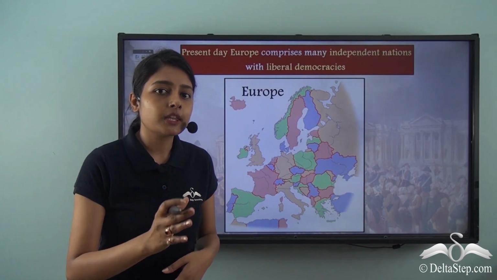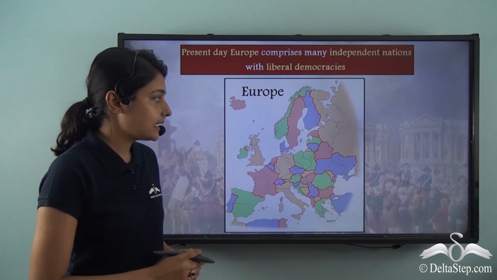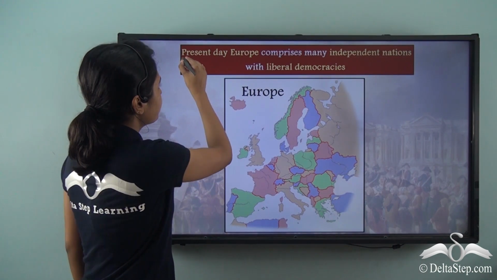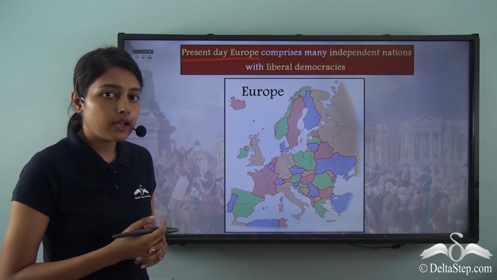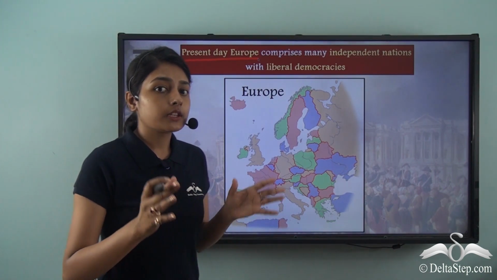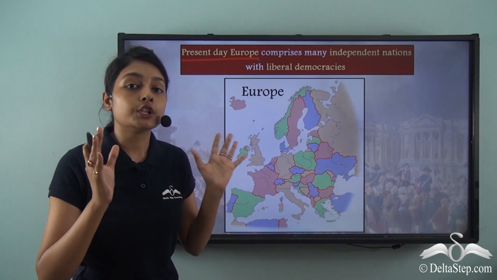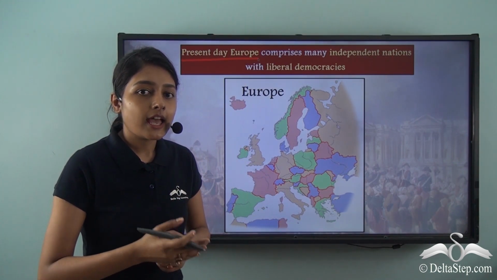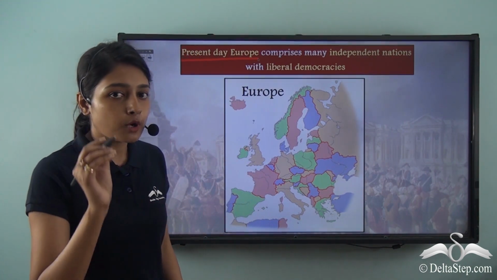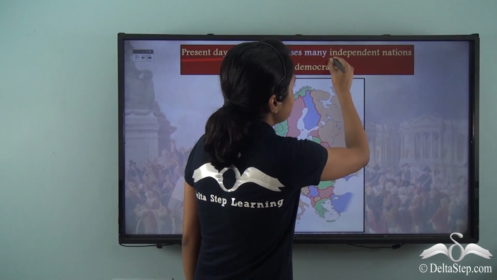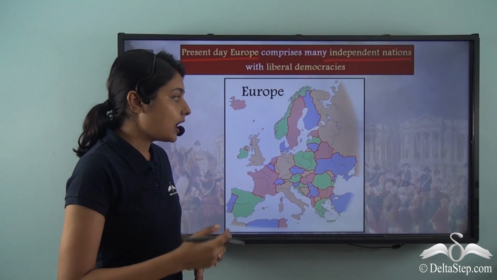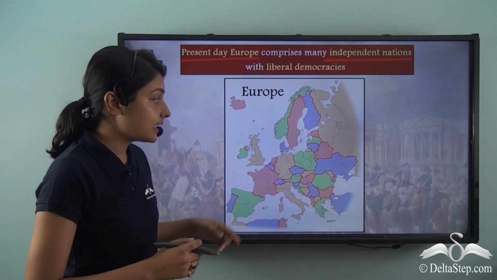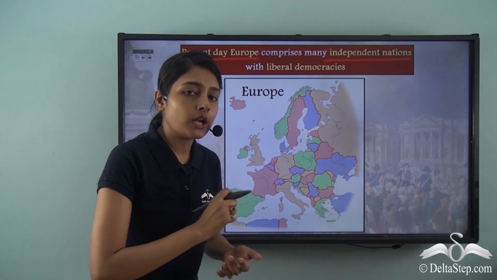Contrary to the map that we saw in the last slide, this is the map of present day Europe. Can you see a lot of changes in this map? I hope you can. The erstwhile monarchies, which were huge territorial units, have been replaced by smaller, modern, independent nations. These independent nations are much smaller in size compared to the erstwhile monarchies.